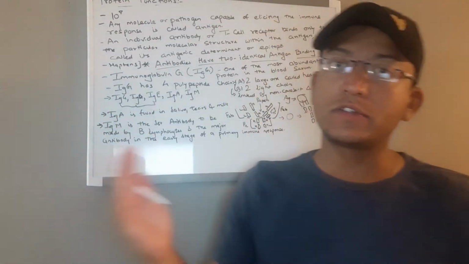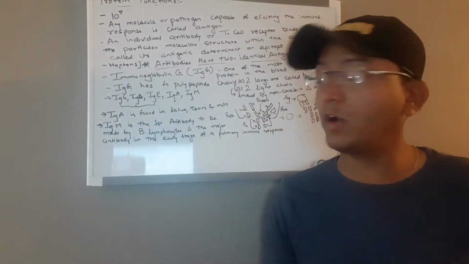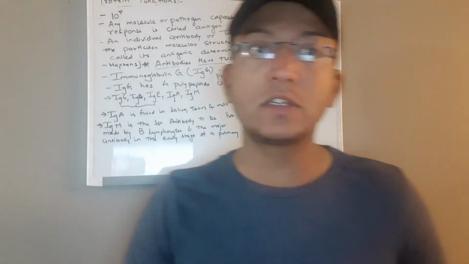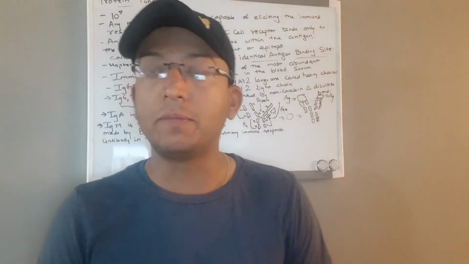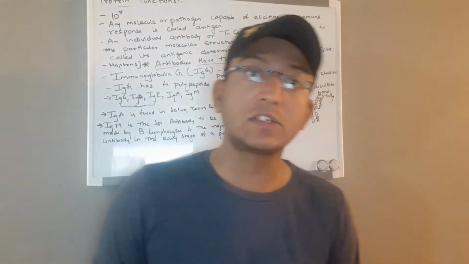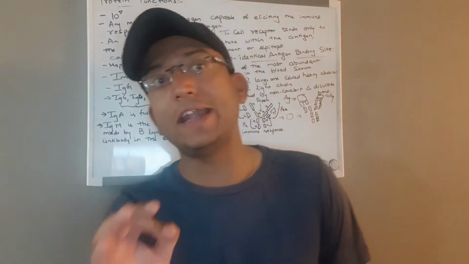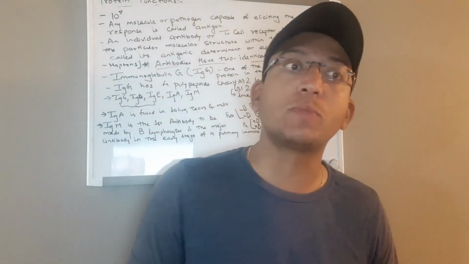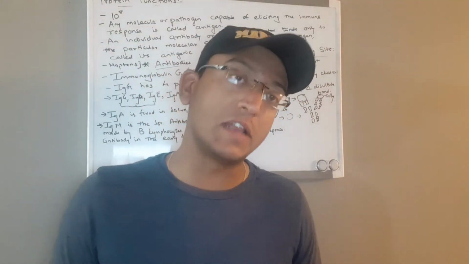So IgA is found in secretions: tears, saliva, milk. IgM is the first antibody made by B lymphocytes and the major antibody in the early stages of the primary immune response. Some B cells soon begin to produce IgD with the same antigen binding site as the IgM produced by the same cell, but the particular function of IgD is less clear.